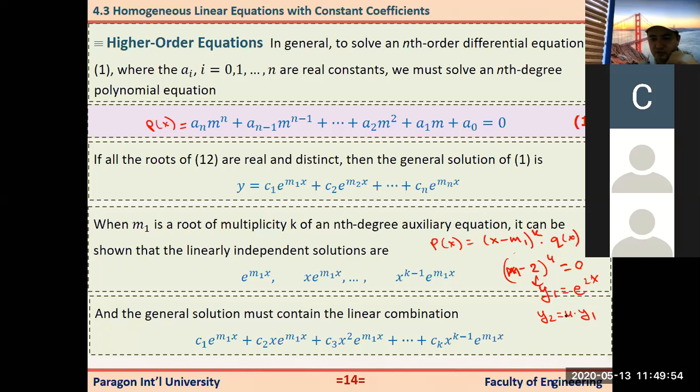When you solve this, you will see that u is x. Now to find y3, I use u times y2, and when you calculate this, you will see that u is x squared. In this way we can produce other solutions.